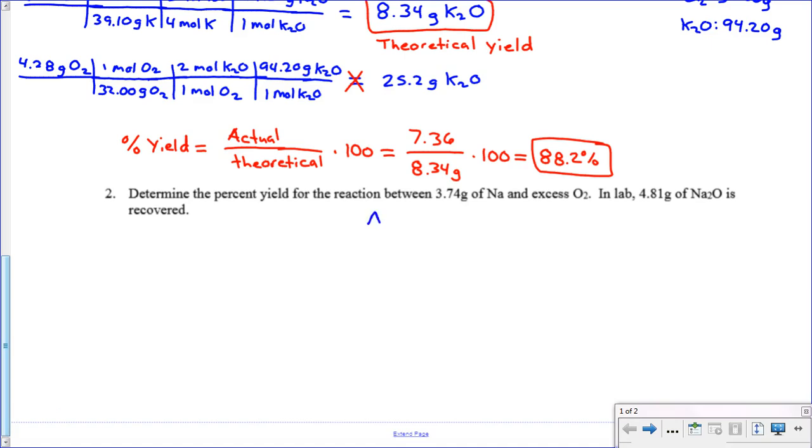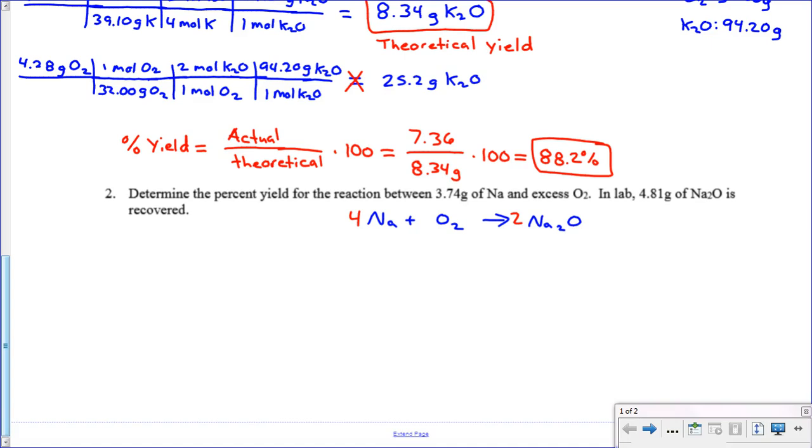We've got sodium, in this case, reacting with oxygen and producing Na2O. Because it's basically the same reaction as the one up above, except it's got sodium instead of potassium, it should look pretty familiar. We end up with just a 2 as a coefficient there and a 4 as a coefficient there.